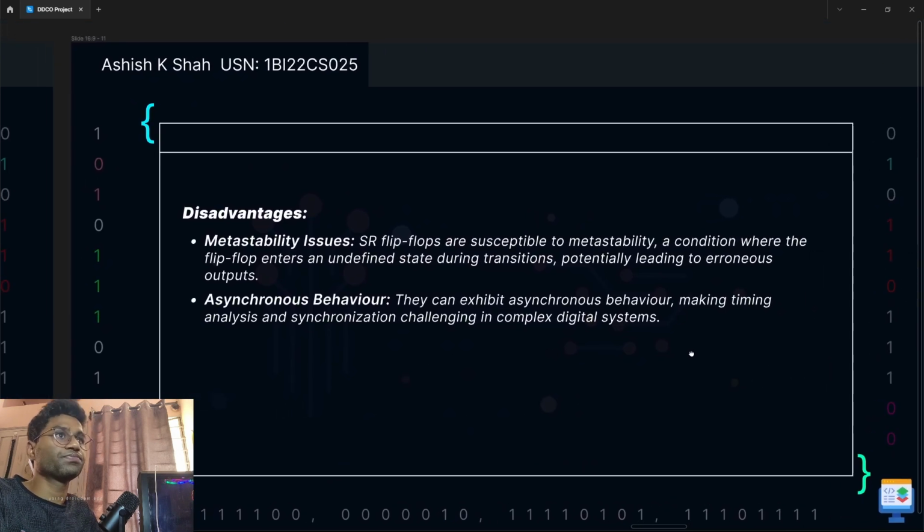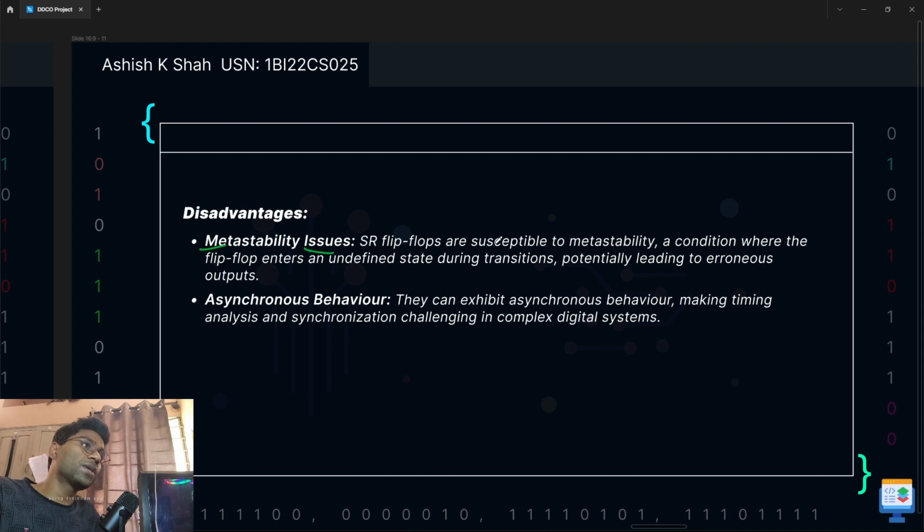Disadvantages. What are its disadvantages? Metastability issue. SR flip flops are susceptible to metastability, a condition where the flip flop enters an undefined state during transition, potentially leading to erroneous outputs.